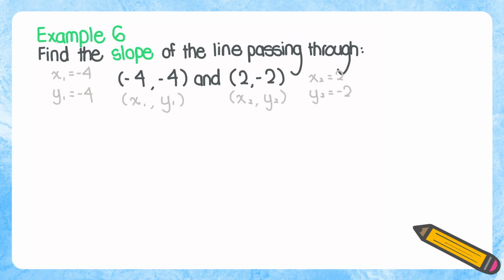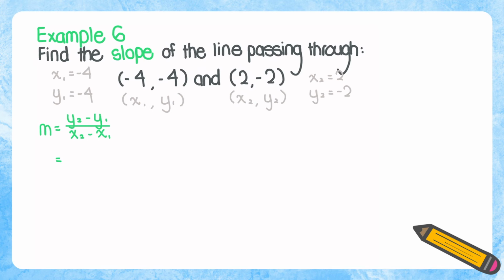Again, if you feel like I'm going too fast, remember you can always pause the video to really put the information in your head. So our slope formula is m equals y sub 2 minus y sub 1 over x sub 2 minus x sub 1. And I'm going to replace each part.